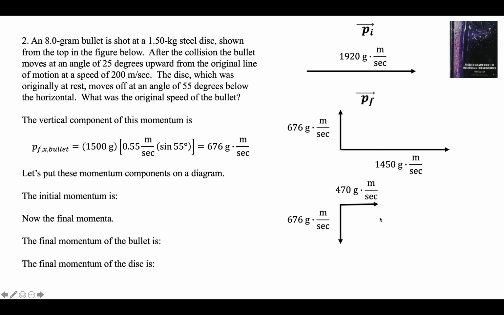The total final momentum, we have 676 gram meters per second up, 676 gram meters per second down. That's 0. We have 470 in the x. We have 1450 in the x for the bullet, 470 for the disc. We add those up, we get 1920. Sum up these two vectors and you get that, and that is the initial momentum vector. Ta-da!